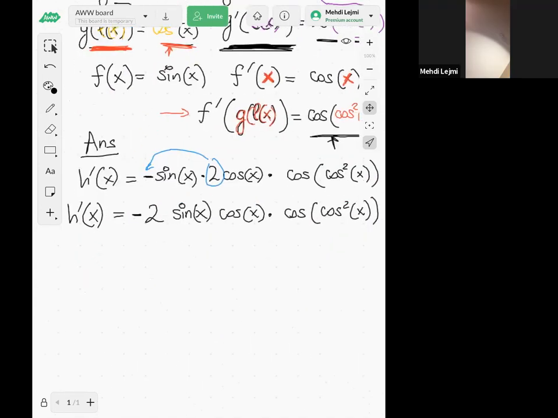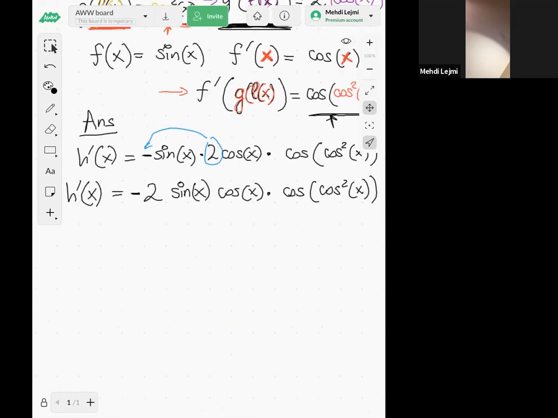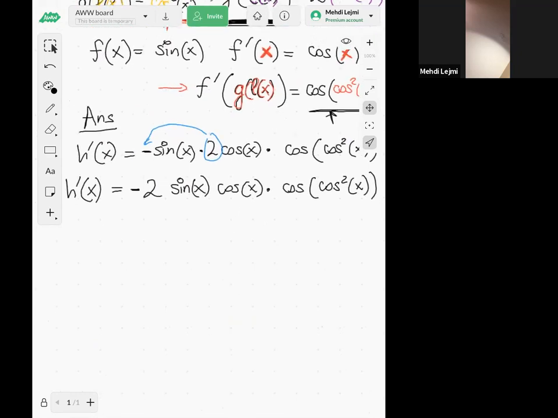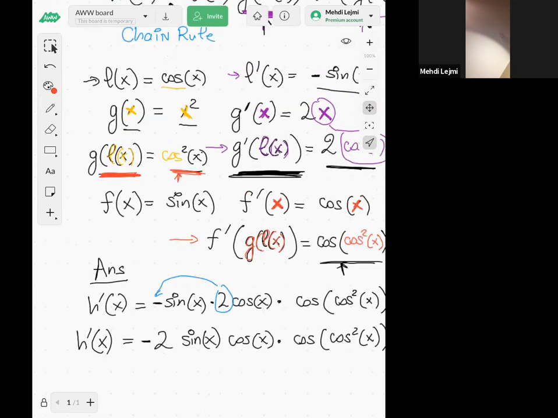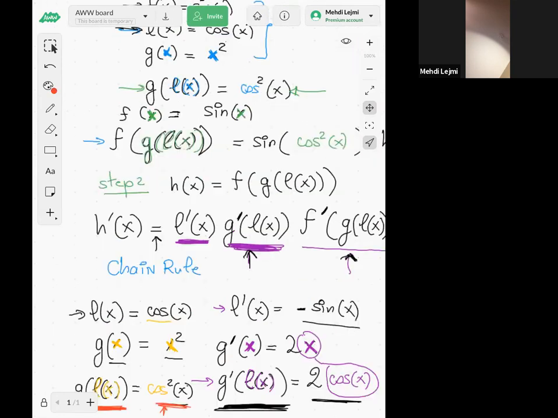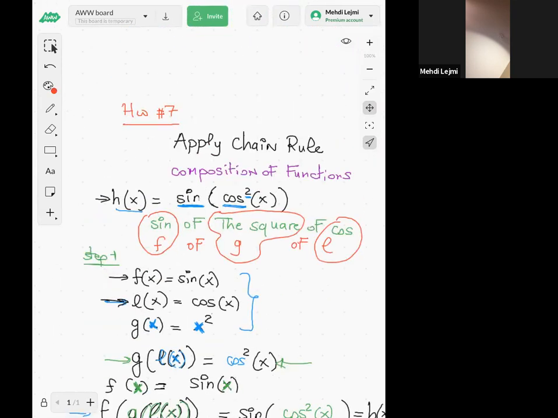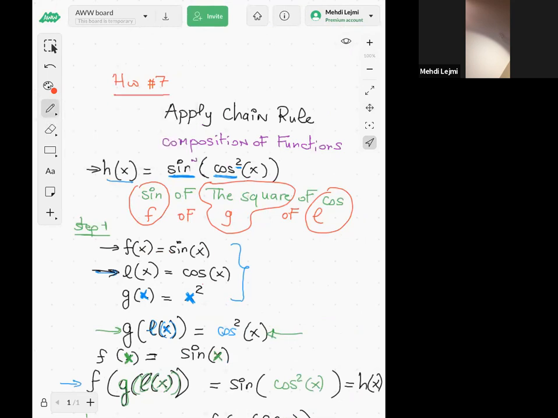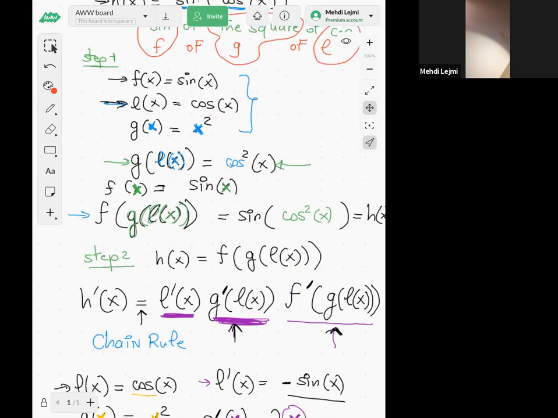So then let me do a similar problem to the next one. Let's call this one problem number 1. Now the next one is the same idea.